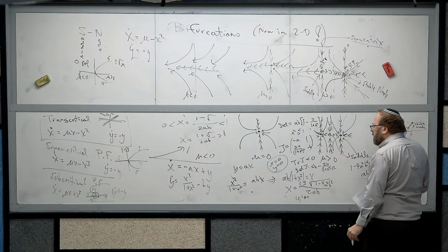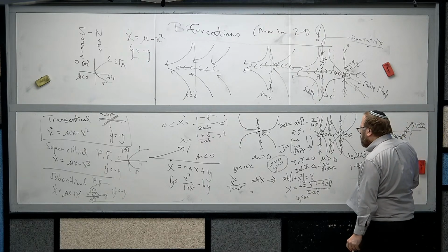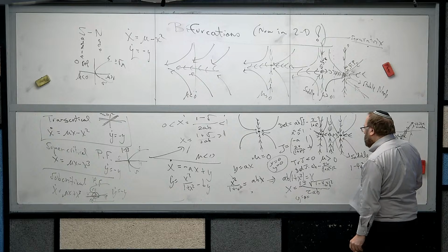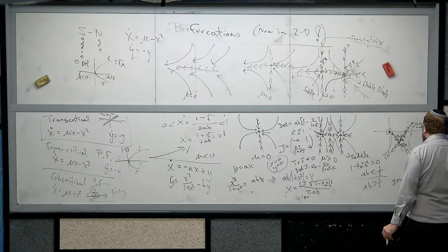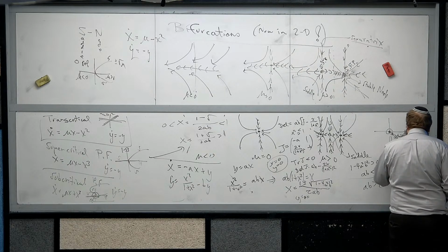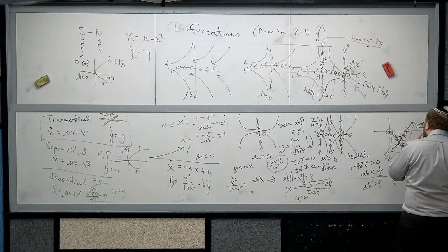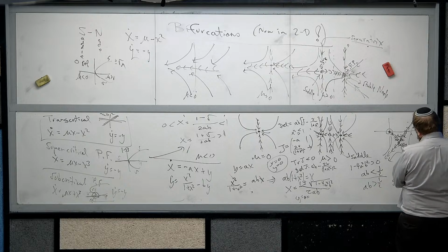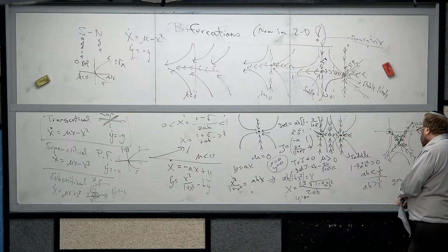Did I do something? Okay, when these things don't work out, this looks like it goes down here. Everything would make sense if that was something. Something is wrong with the picture.